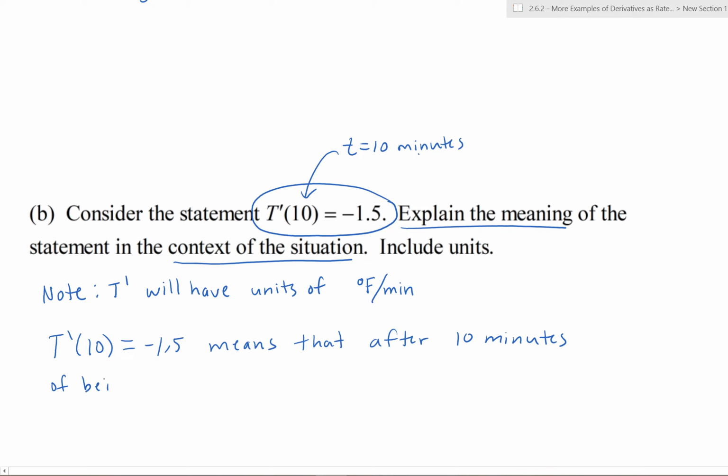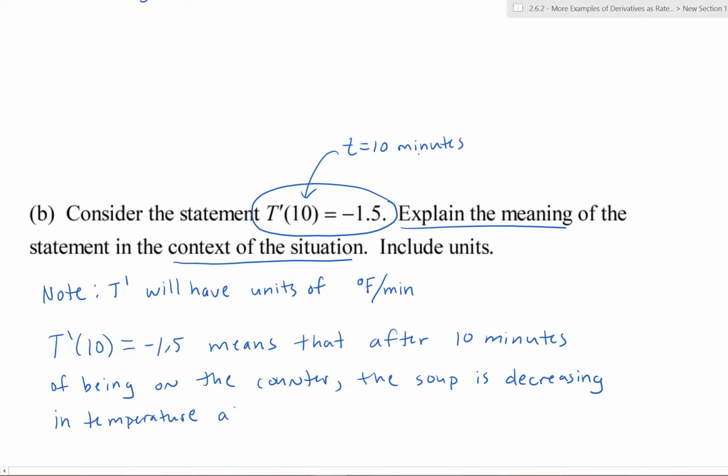of being on the counter, the soup that's in that bowl is decreasing, and decreasing because of the negative sign. The soup is decreasing in temperature at a rate of 1.5 degrees Fahrenheit per minute.